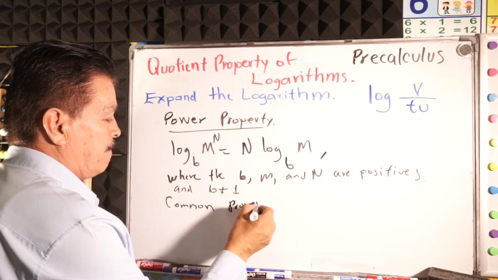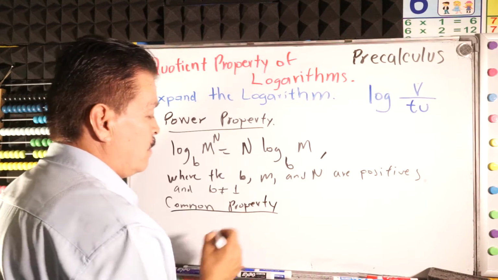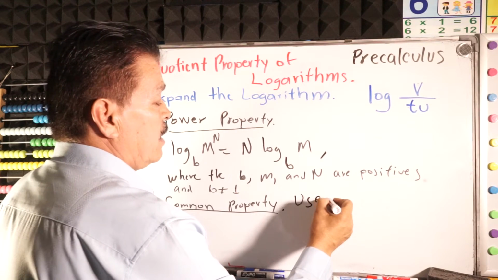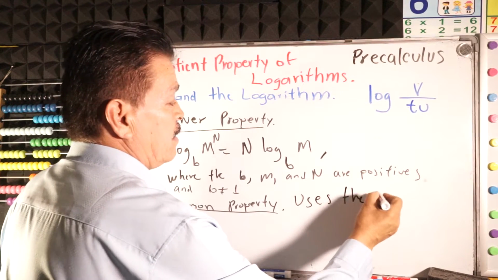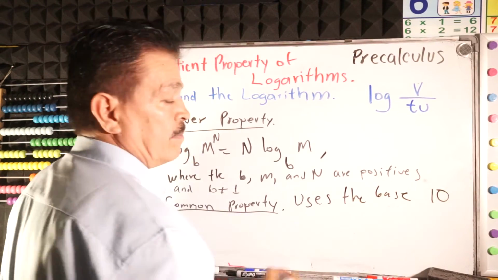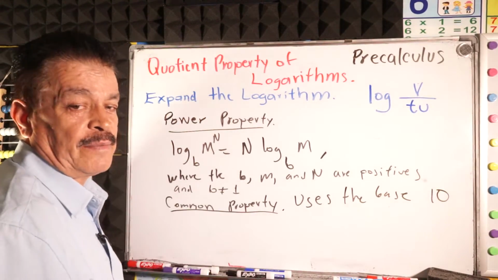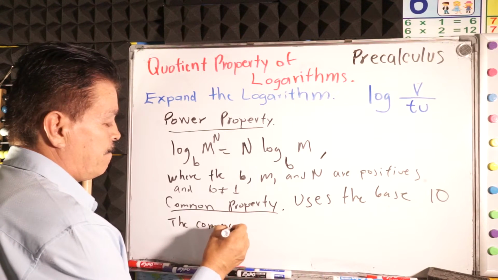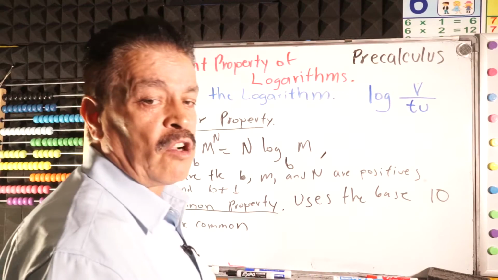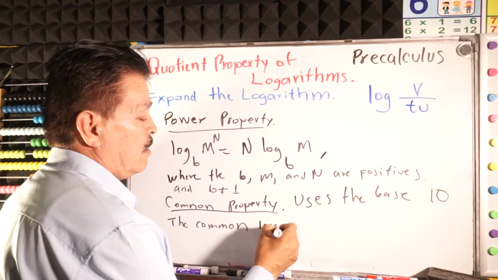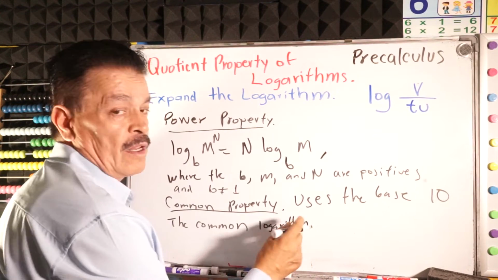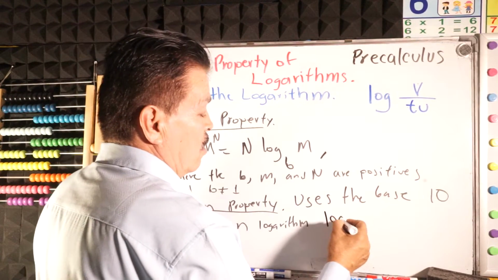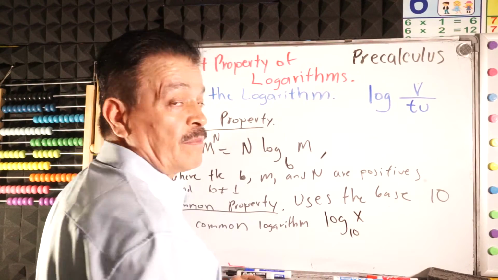Another one, the last one, the common property. The common logarithm uses the base 10. In this problem it is like this: log x with the base 10.